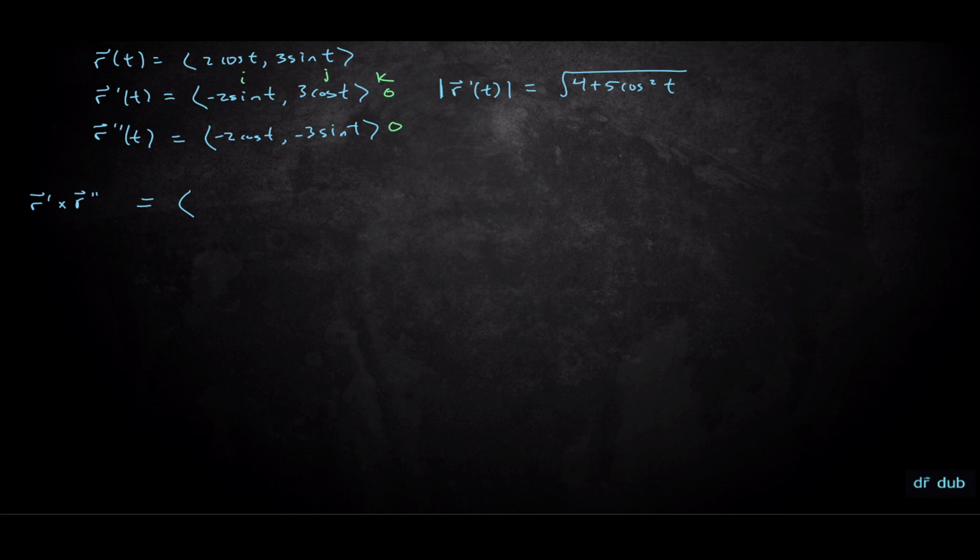So the vector is already going to only have a z component. The z component is going to be 6 sine squared t plus 6 cosine squared t, which is just 6. So it's really just the vector 0, 0, 6.